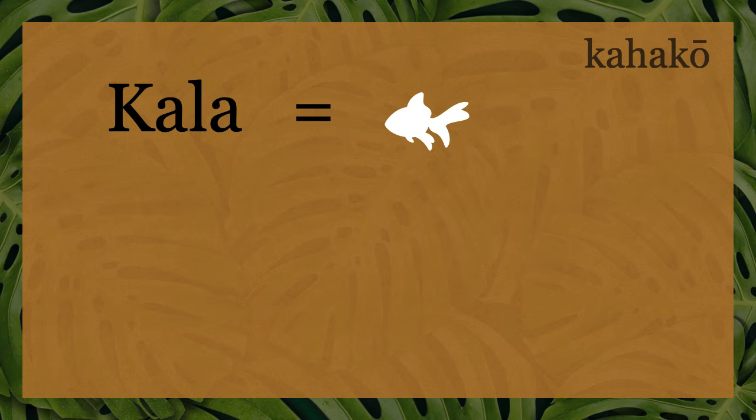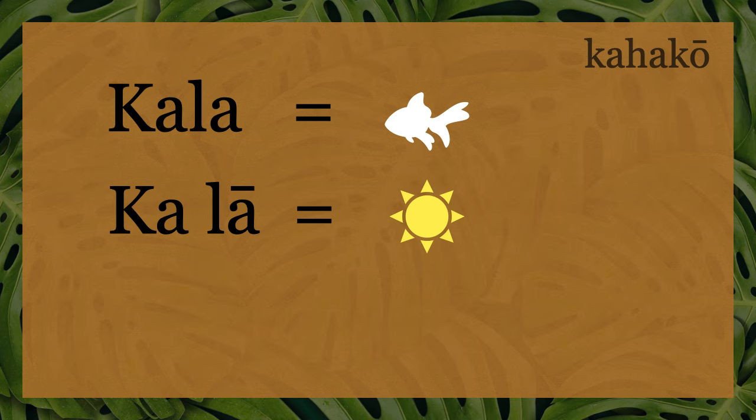Here's a common example of that. Take this word, ke, a, la, a, no kahakō. It is pronounced kala, and there's a fish called kala. Now you have this word, ke, a, la, a, ko. There's a kahakō over that second a. This means the sun or the day.